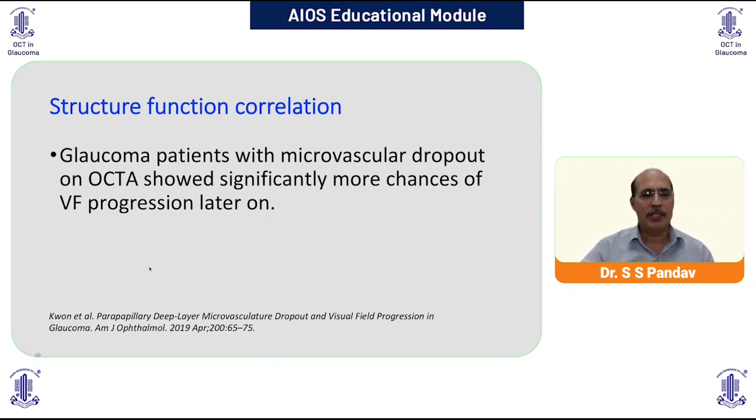This was published in AJO 2019. What it suggests is that OCTA is useful not only in diagnosing glaucoma or picking up progression, but it can also suggest that a particular patient is at risk of visual field progression.